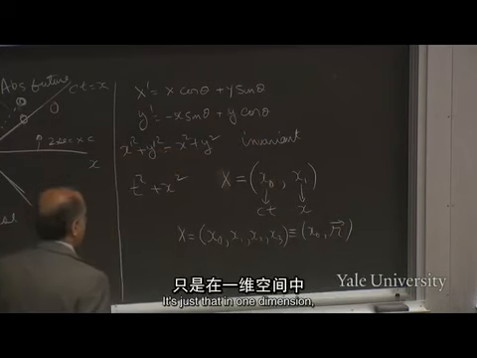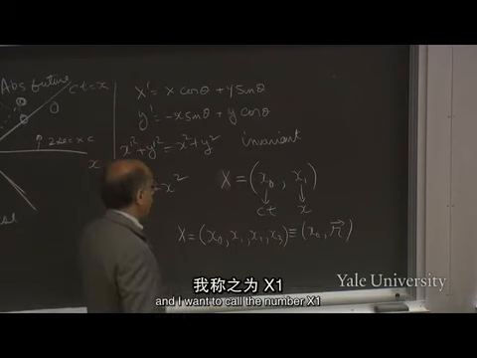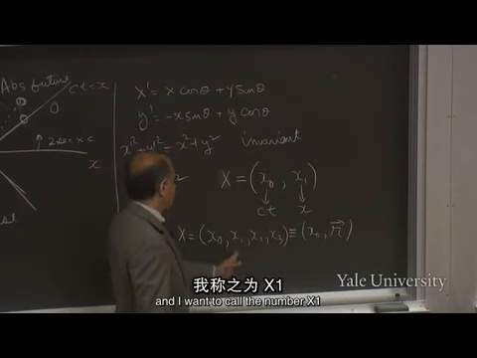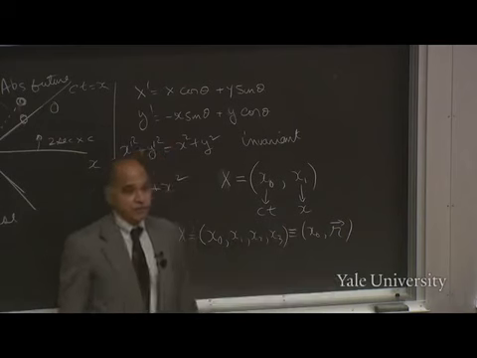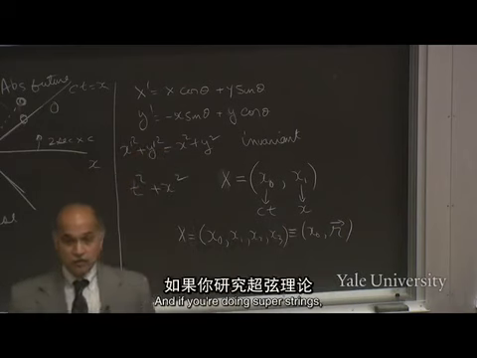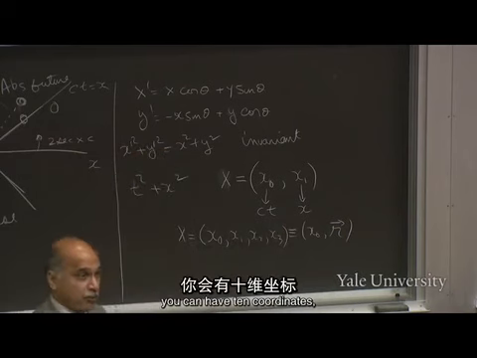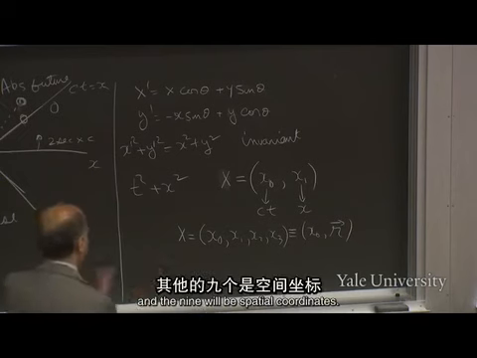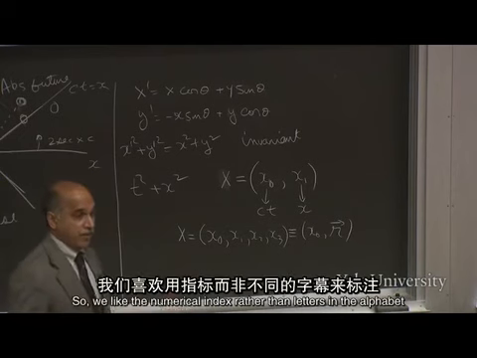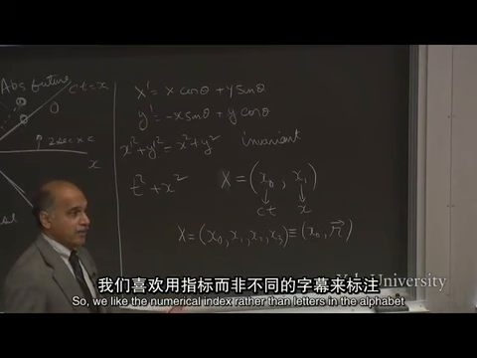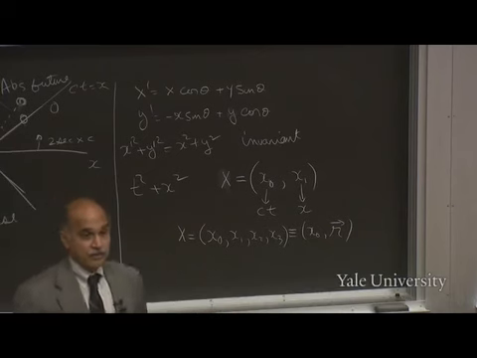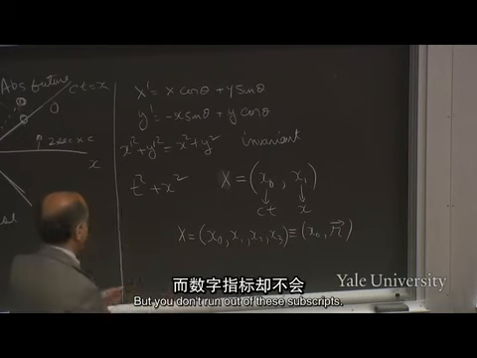It's just that in 1 dimension the vector r becomes a number x, and I want to call it x1 because it's the first of the 3 coordinates. And if you're doing superstrings, you're going to have 10 coordinates: 1 will be x0 and the 9 will be spatial coordinates. So we like the numerical index rather than letters in the alphabet because you run out of letters, but you don't run out of these subscripts.